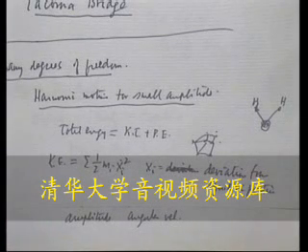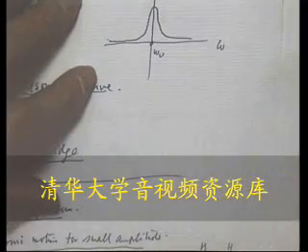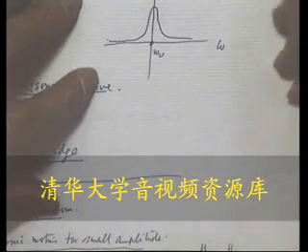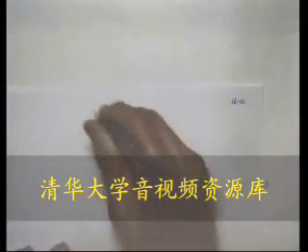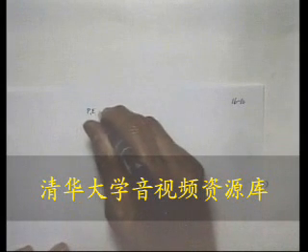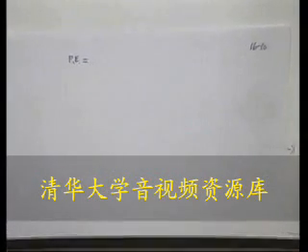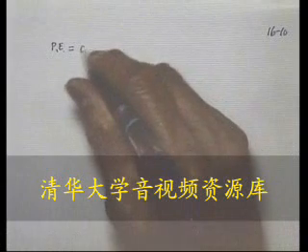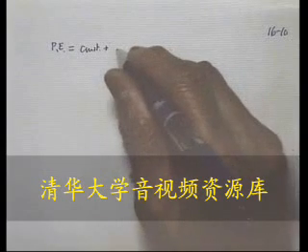The potential energy you expand into a power series of that x. So it's equal to a constant plus a linear term and a quadratic term.